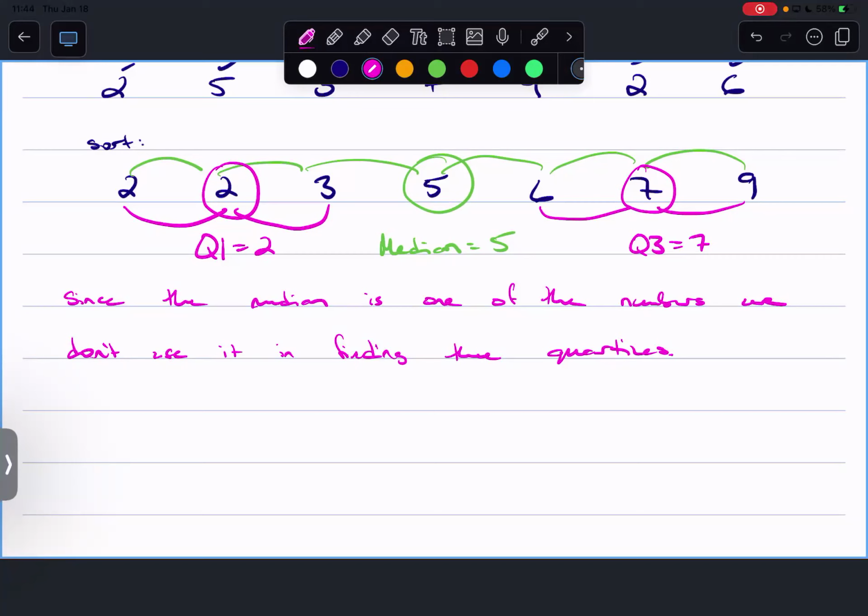It's obviously not life or death if you're using the 5, or if we actually wanted these values for a large data set, then you would use Excel, right? And Excel is going to do some weighting in the background, so they make a fancier median and quartiles, and so they're not quite going to match anyways.